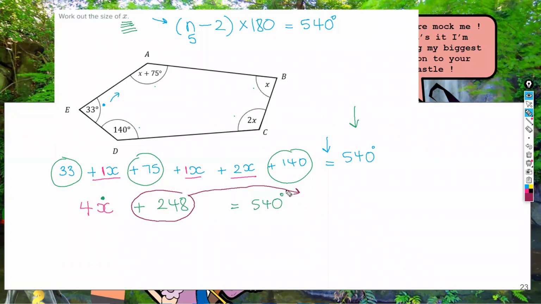So when you throw across positive 248, you're going to get minus 248. Work this out on your calculator. How much is 540 minus 248? Right, Tristan, correct. 292. That's what I'm seeing on my calculator.